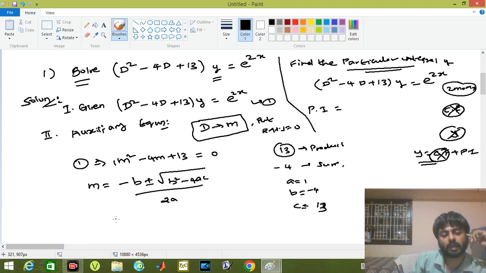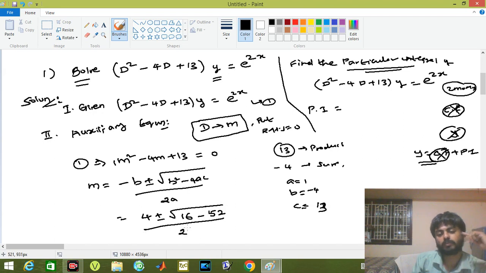So you will get 4 plus or minus root of 4 square is 16 minus 4 into 1 into 13, that is 52, divided by 2a, that is 2.